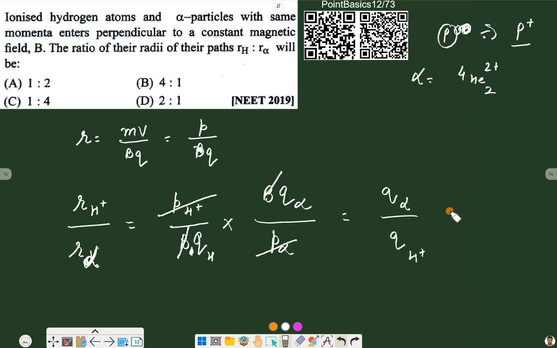Now the charge on the alpha particle is twice the charge of the hydrogen ion, so the ratio of their charges is 2:1. So option D will be the right answer here.